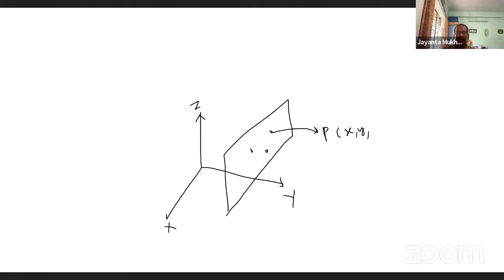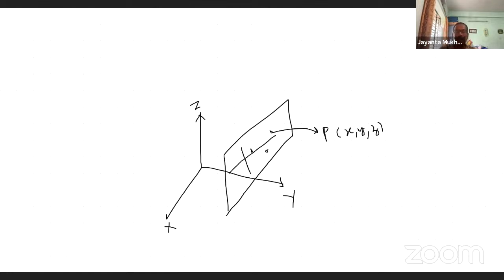Now, on the other hand, since this point is lying on this plane, and if I consider only this set of points, within this plane we may define another coordinate system, restricted to the points on this plane.